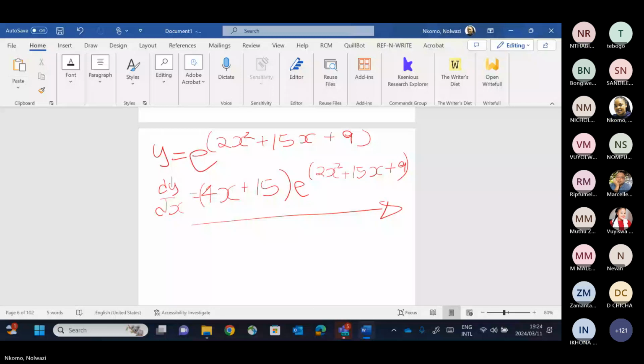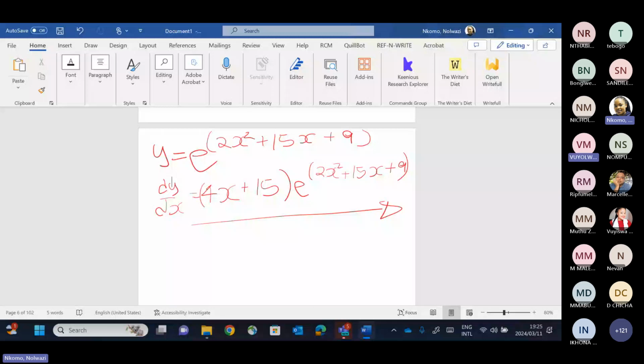Yes. Where there's 2x, where there's 4x, I have 2x. Yes. Okay. Anyone with a different answer again?